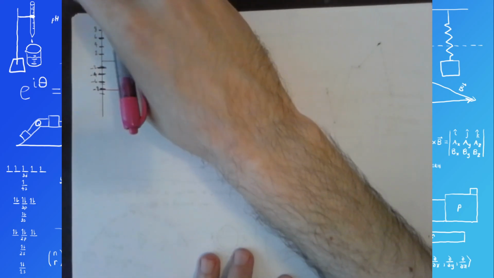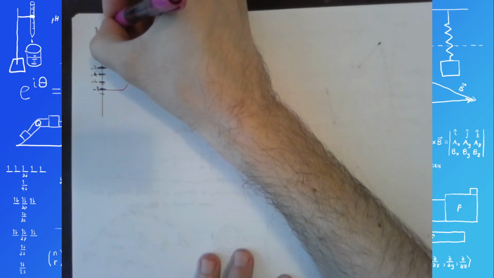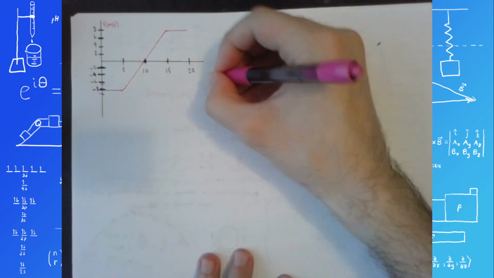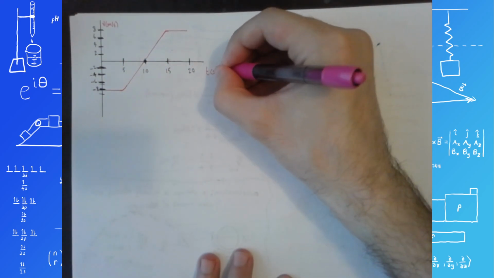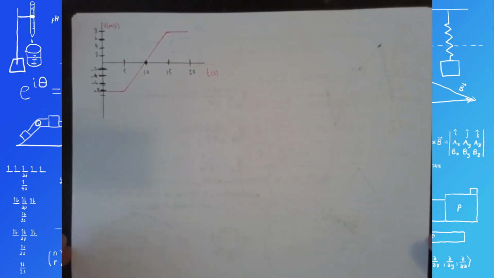So it said, find average acceleration for the object, and this is, by the way, for the axes, we've got velocity in the typical units of meters per second and time in the typical units of seconds.